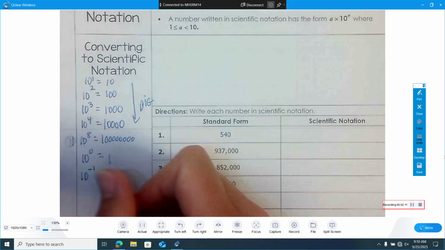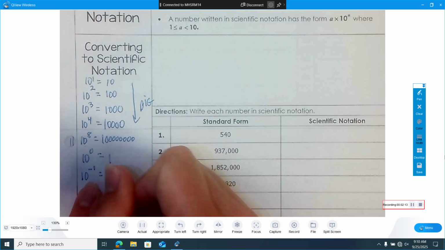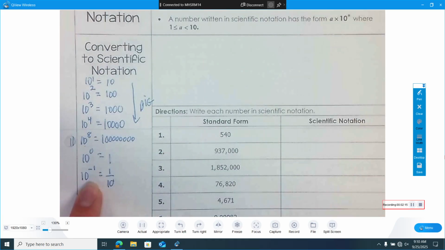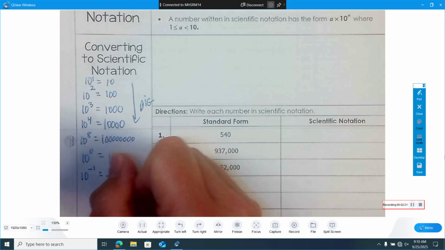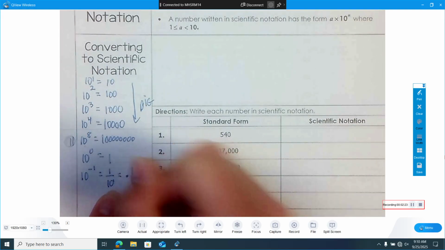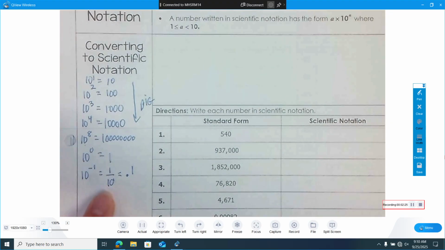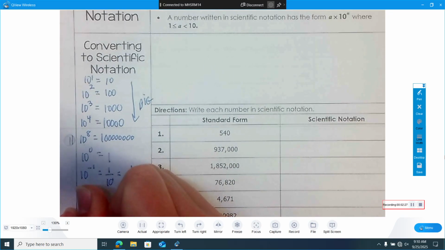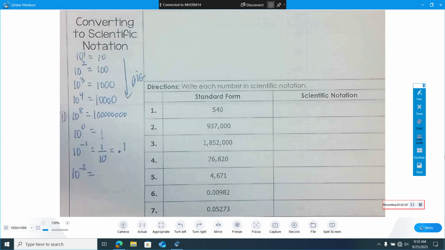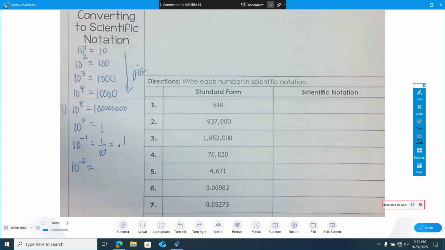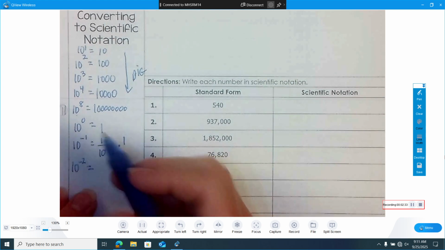It's sad, so it converts to 1 over 10 to the 1st. And what is 1/10? What decimal is that? 0.1. And what is 10 to the negative 2? Very good. It is 0.01.